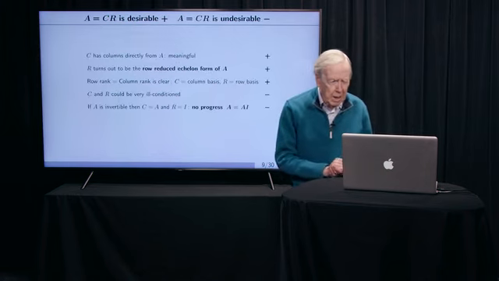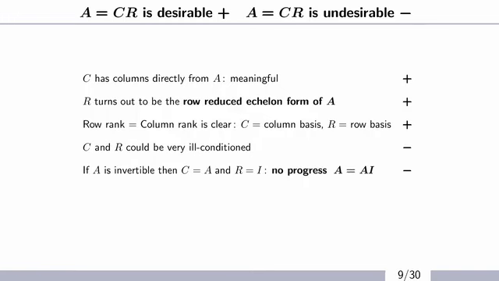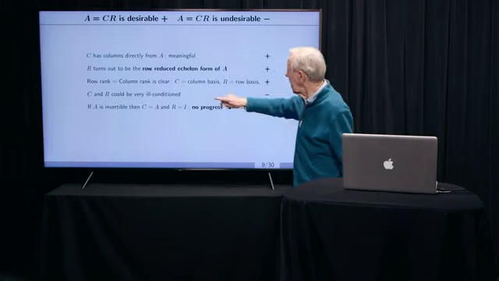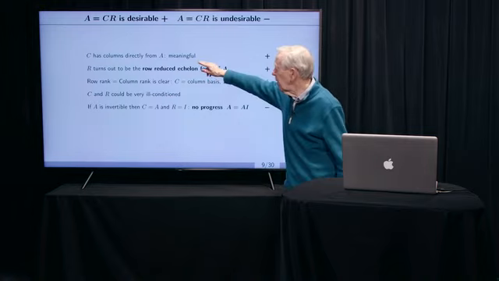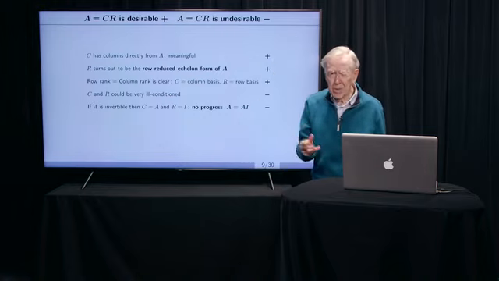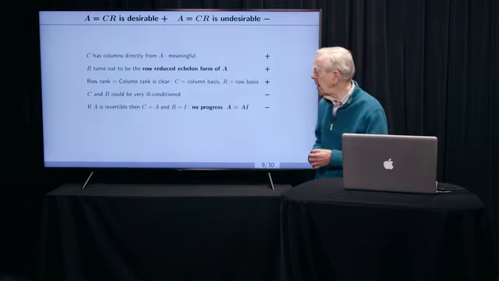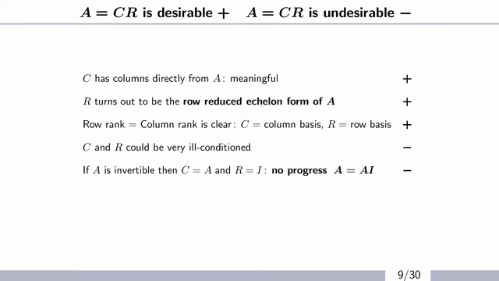Okay, and finally, a last thought about these. So this is C times R. I'm urging teachers to present that part early. So what are the good things I've marked with a plus? First of all, the columns, we're looking at them in C, and we see them from A. We take them directly from A. R turns out to be a famous matrix.